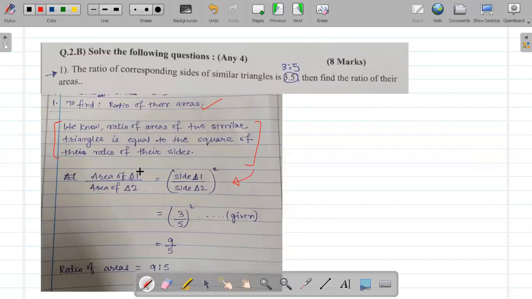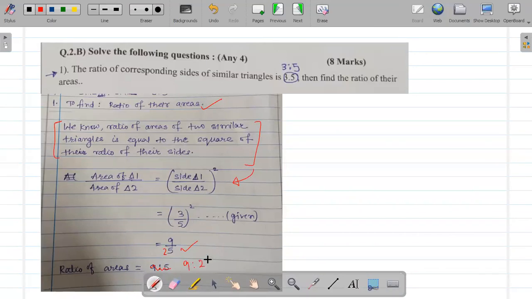Ratio of area of triangle 1 to the area of triangle 2 is equal to the square of the ratio of side 1 over side 2, side of triangle 1 over side of triangle 2. And then we are replacing the ratio 3:5, the square of which is 9:25. It should be a 25 here. And that gives us the solution to be 9:25.